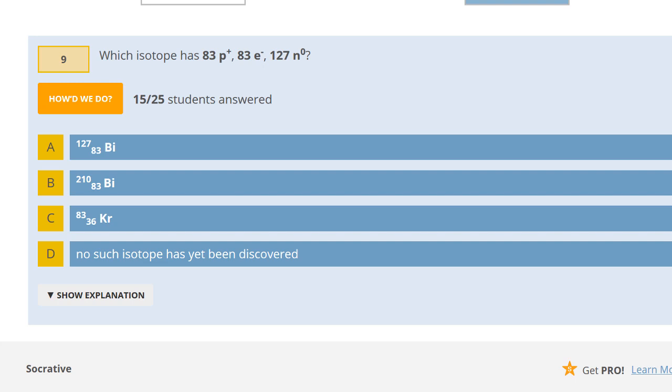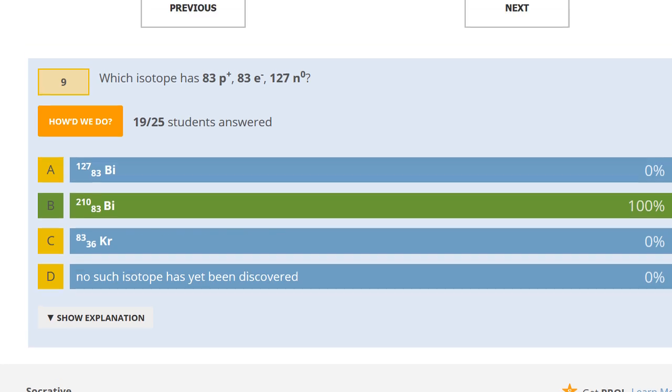We'll count down. 5, 4, 3, 2, 1. Great. It's bismuth 210. We don't need to discuss that. Looks like we've done well.